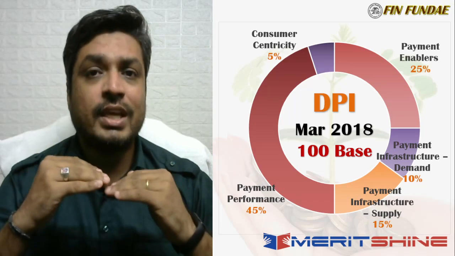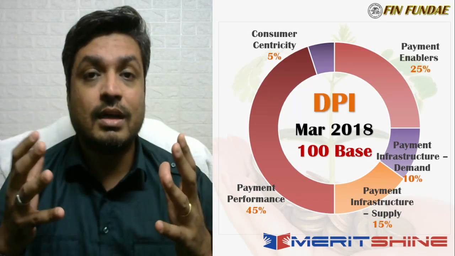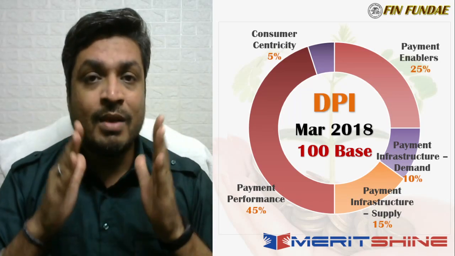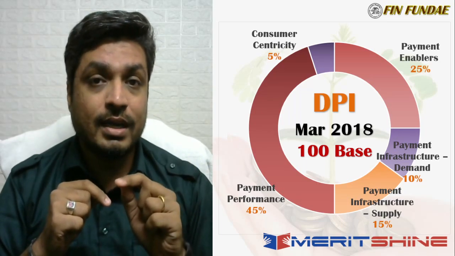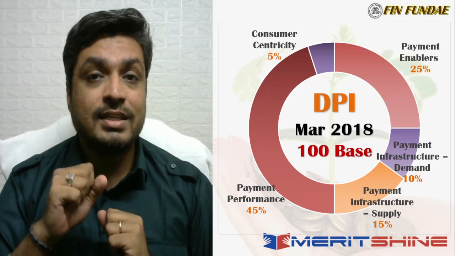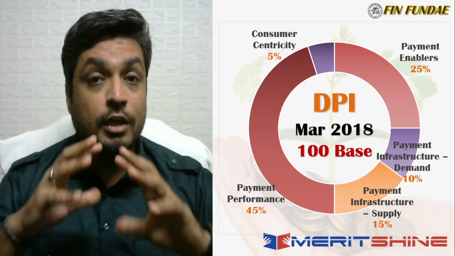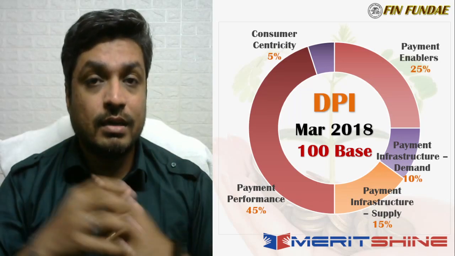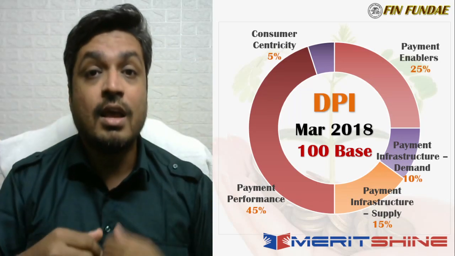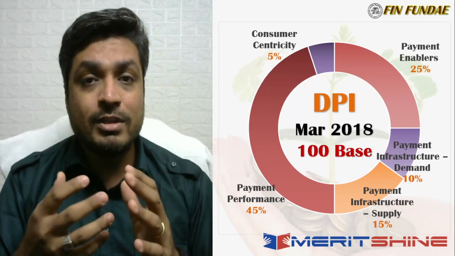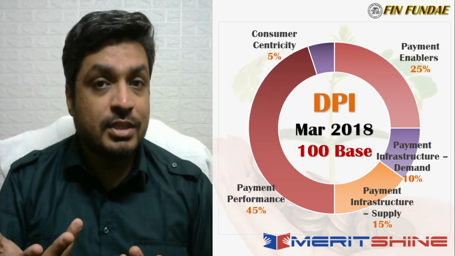We are still just children as compared to the digital payments ecosystem in the world, where transaction success is much more important for us as compared to customer centricity, whose weightage is only 5%. But if you look at more sophisticated ecosystems of the world, where digital payments have evolved a lot, there payments performance by default will be assumed to happen successfully, right?